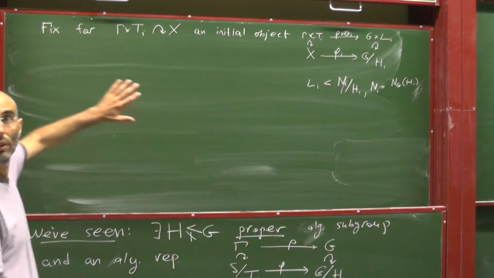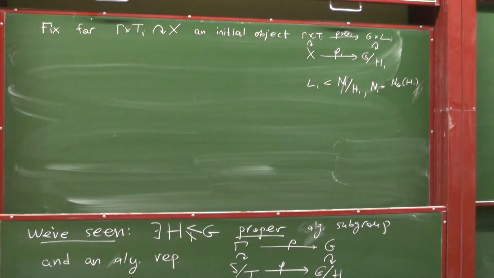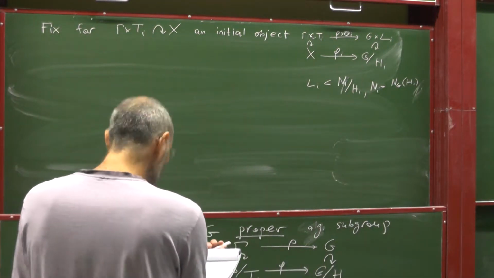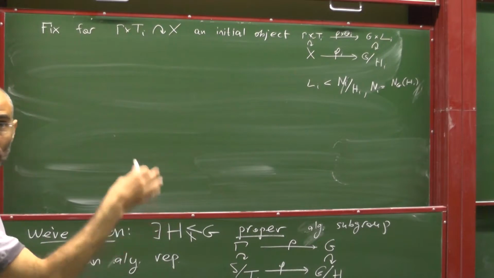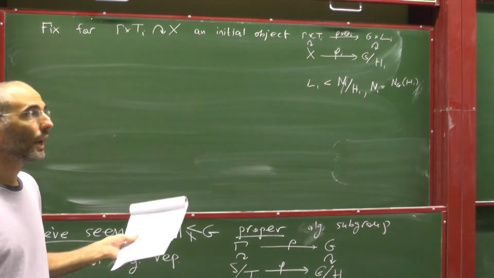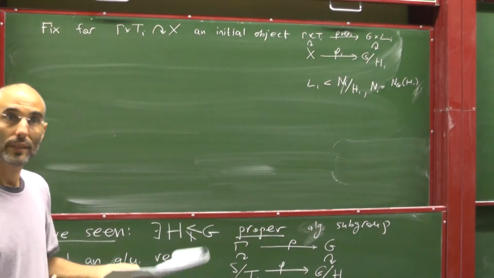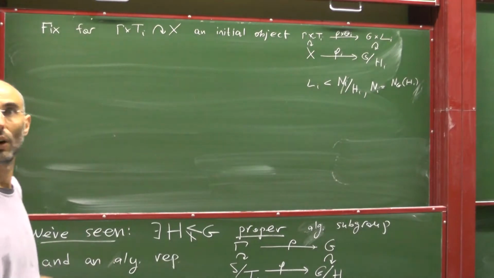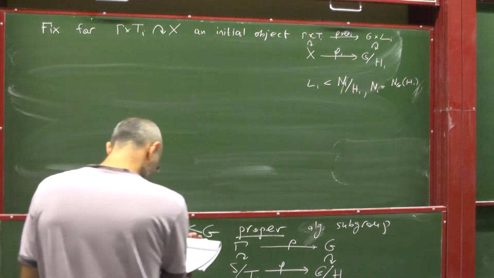Okay, each specific subgroup T gives a specific choice of initial object. Right? So we fix those. The initial object, let me remind you, is not canonical in some way. It is unique up to unique isomorphism. I'm making a choice here of representation.